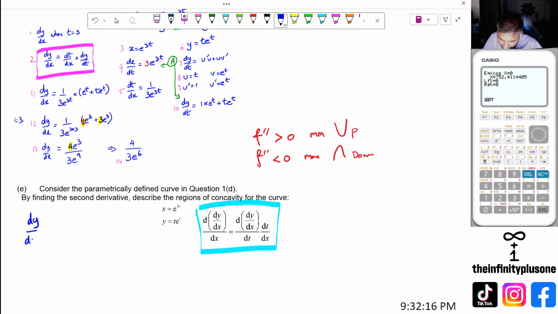We did this earlier because dy dx is equal to e^t plus t e^t divided by 3e^(3t). Now, e^t is a common factor in the numerator, so I'm going to take it out, which means I'm going to get (1 plus t) divided by 3e^(3t).